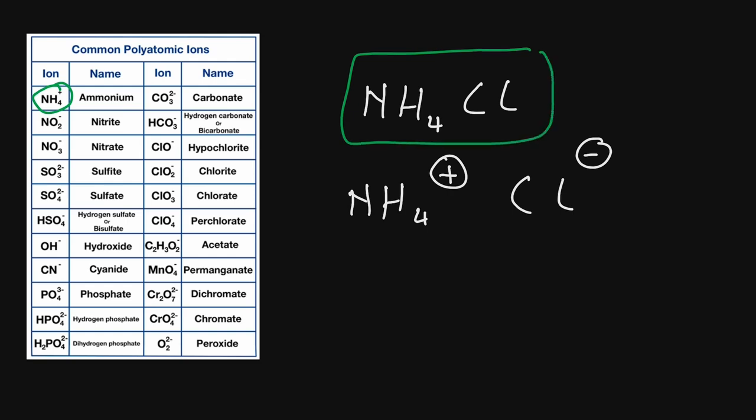But what is the name of this compound? Remember, you're just going to name this as it is. The first part that we have is ammonium. So we say ammonium.